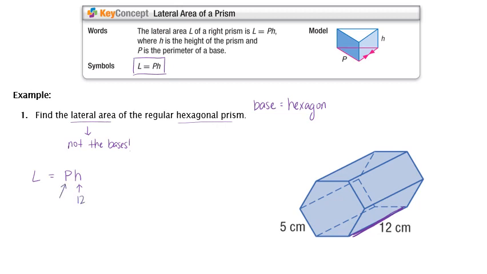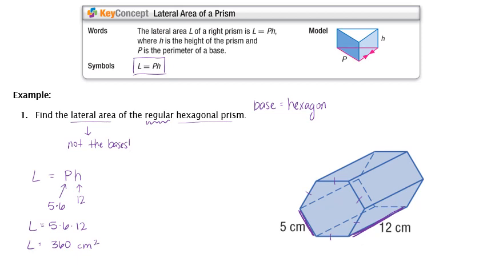My perimeter is going to be my side length of 5, times 6, because I've got 6 congruent sides in a regular hexagon. That term regular is important to know here. So we'll have 5, the side length, times 6 for 6 sides. So our lateral area will be equal to 5 times 6 times 12, or 30 times 12, and that actually comes out to a nice even 360 square centimeters.